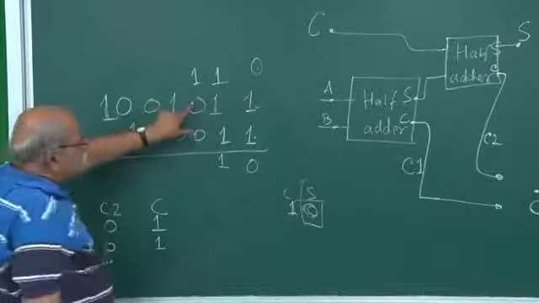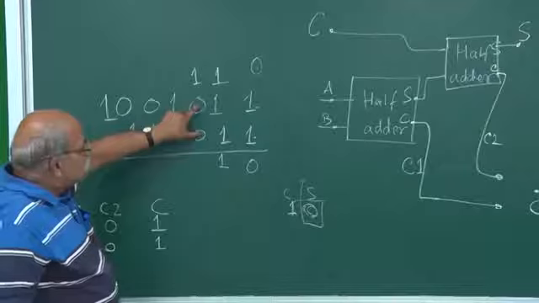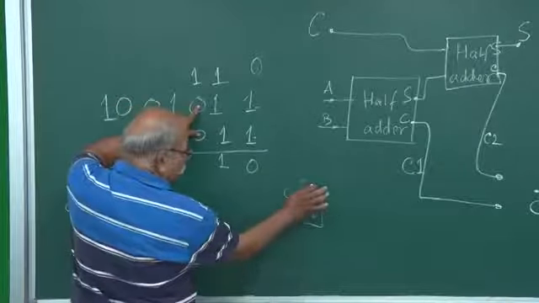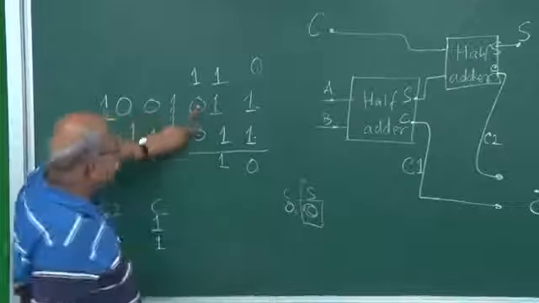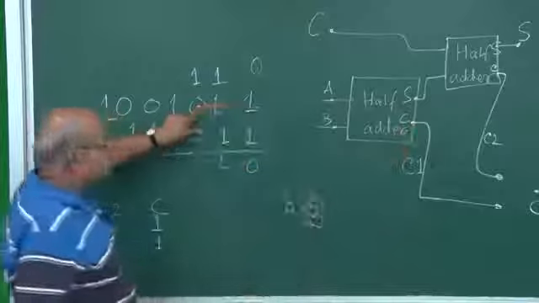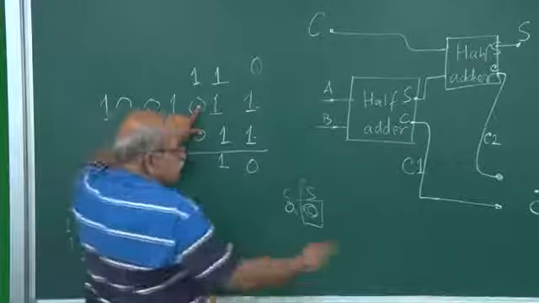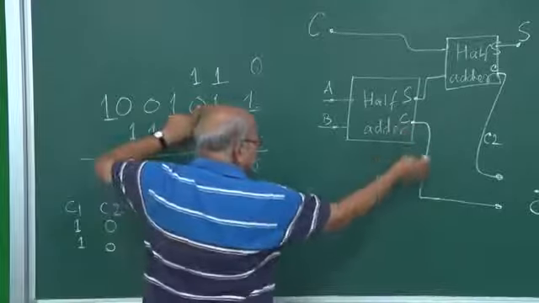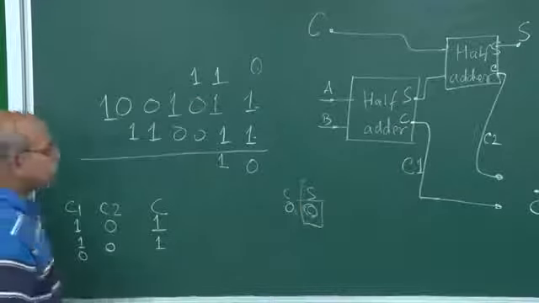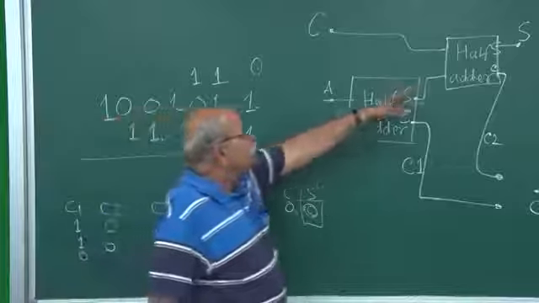Now look at this. 0 and 0. This is A, this is B. The sum is 0 and the carry is also 0. So C1 is 0. And then come here.